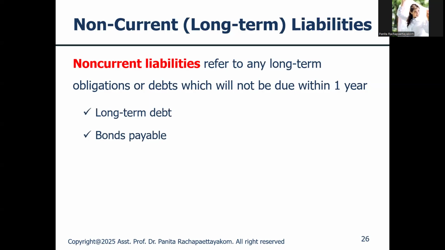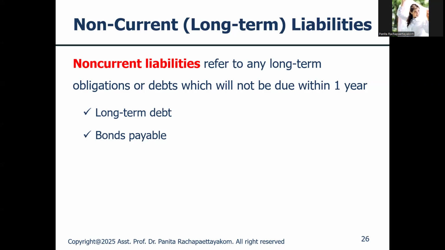It means that you need to return money to the bank, for example, 200,000 Thai baht every year for the next 5 years, right? Therefore, the 200,000 baht will be recorded as a current liability since you need to return it to the bank within 1 year.